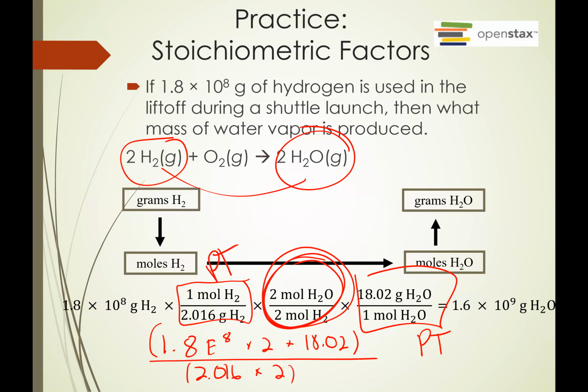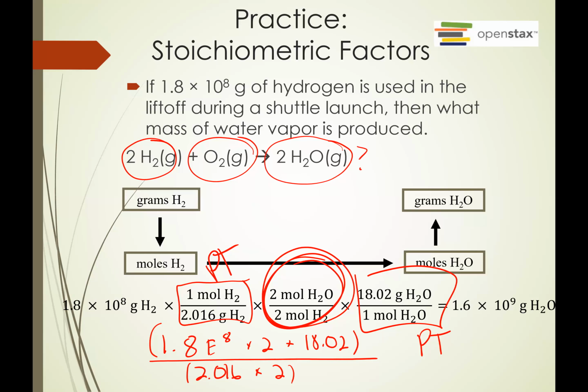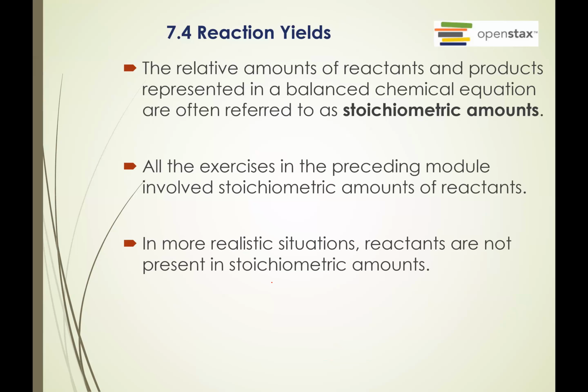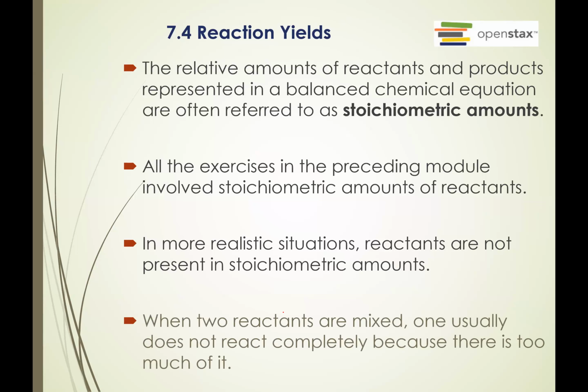But what if they gave us hydrogen and they gave us oxygen? Well, how much water do we make then? That's what we're going to look at now with these yields. We're going to look at reactants to figure out how many products we're going to make when we mix them.